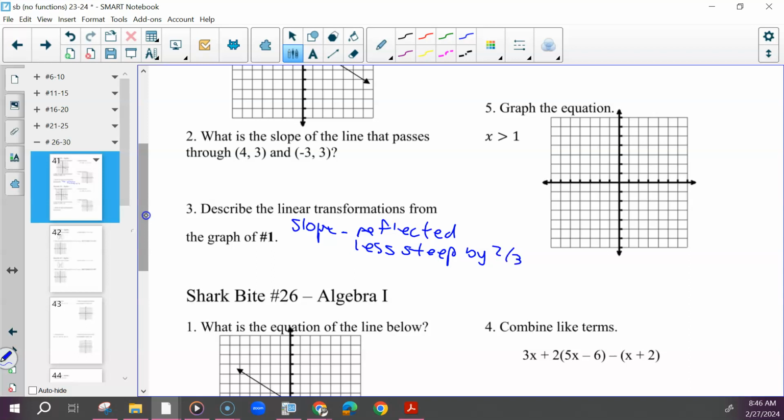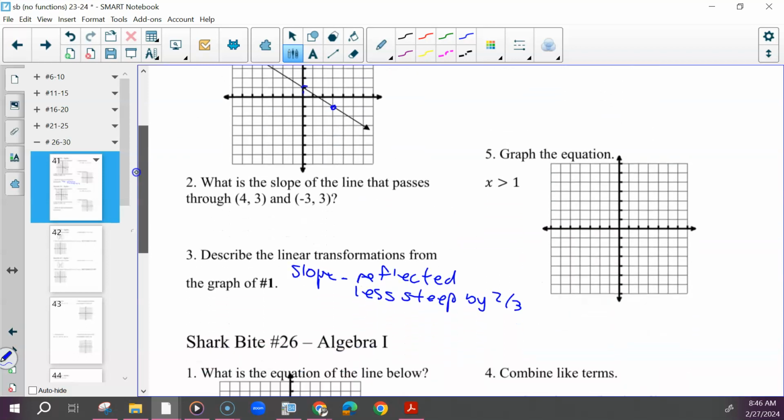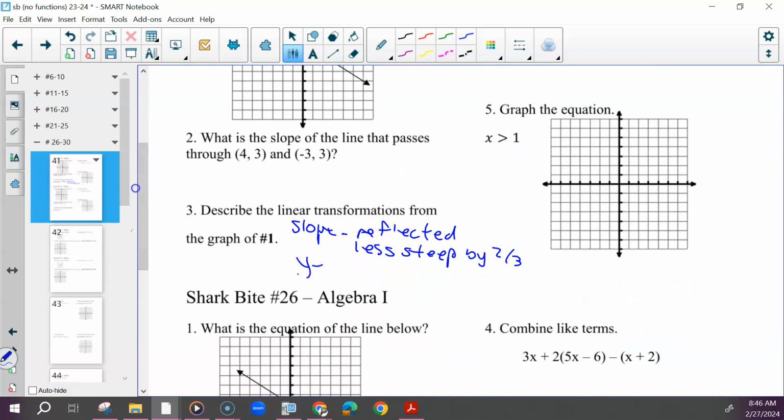And then the y-intercept is normally at 0, but is now at 1. So this was shifted up 1. You need all three of those to get that full point. Reflected, the slope is reflected, it's less steep by 2/3, and the y-intercept is shifted up 1.